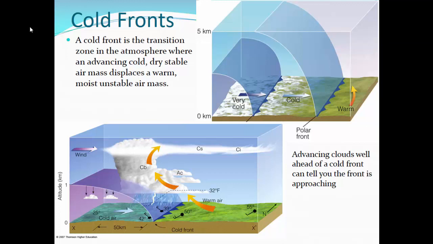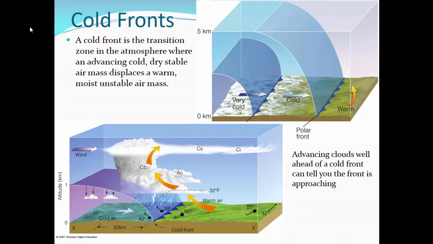So advancing cold fronts will have cloud cover well out ahead of the cold front. And you have very defined cloud patterns and precipitation patterns associated with cold fronts. This cold front at the surface is showing a southerly flow out ahead of it with 50-degree temperatures and a northwesterly flow behind the cold front with temperatures between 39 and 42 degrees, and even much colder as you go further off to the north and west.